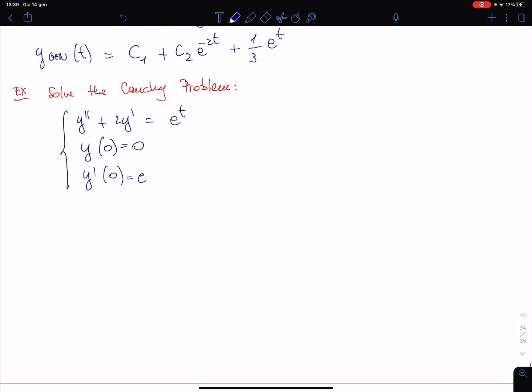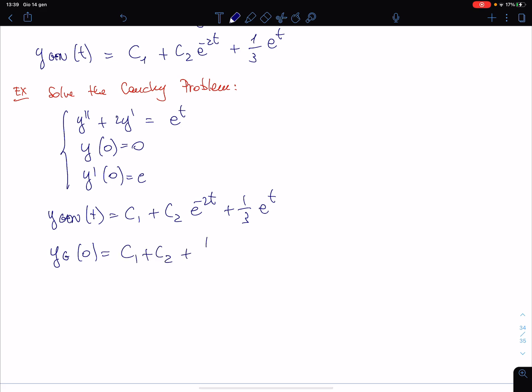And now we know that the general integral is C1 plus C2 e^(-2t) plus 1/3 e^t. So y_gen(0) is C1 plus C2 plus 1/3, and we impose that it is equal to 0, while y'(0) is equal to minus 2 C2 plus 1/3, which is equal to e.